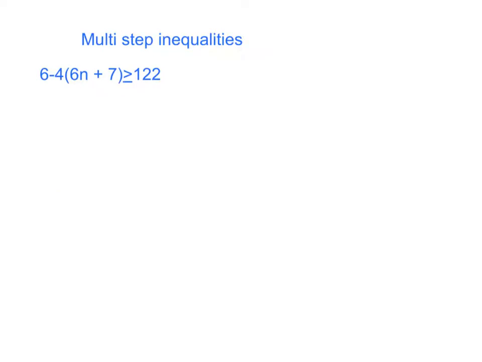Okay, so this is our multi-step inequality. For this problem, you first distribute the -4, so it would be 6 minus 24, and then -4 times 7 would be -28, and that would be greater than or equal to 122.